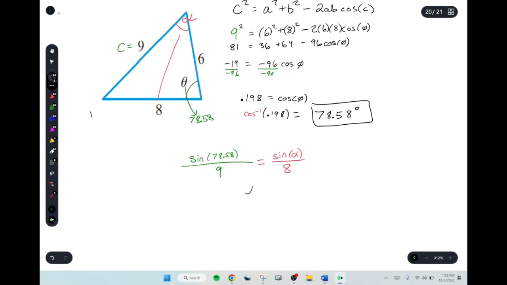And that means that alpha better be 8 over 9 sine 78.58, all arc sined. Yeah, I got to get my calculator out for that one. That's a tough one without a calculator.